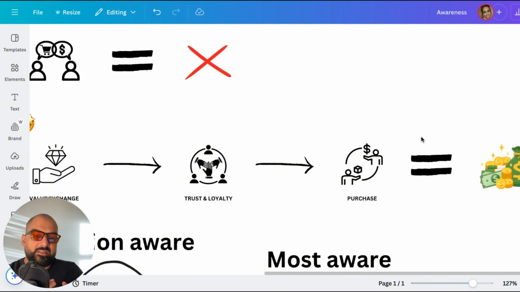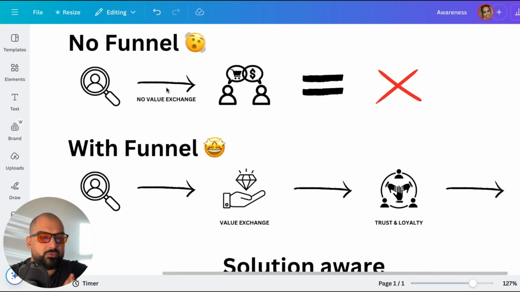Now, we've just taken the example of one person going through this. So, one person going through no funnel, one person going through a funnel. Now, imagine this had 100 people going through it, and each one's at different stages. There's people still looking at your YouTube videos or your Instagram profile. There's some people that are being sent their initial lead magnet, which could be a PDF or a free video training. And then over the course of 7, 14, or 30 days, they're receiving emails.